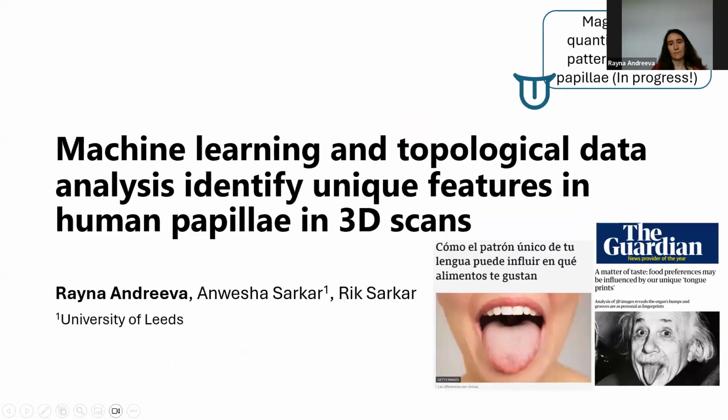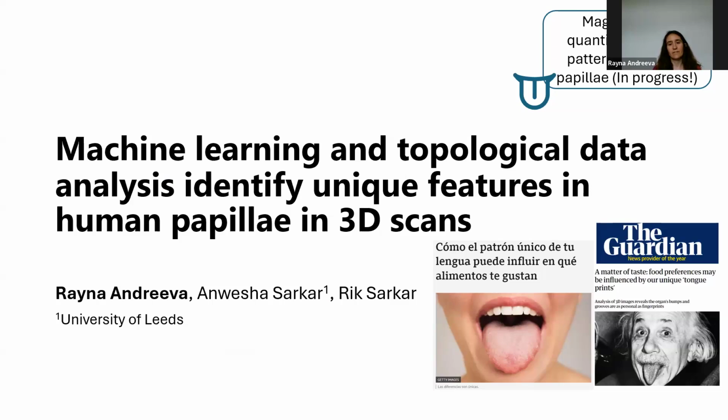And one thing I really wanted to mention in the end was a bit of a different application of magnitude. I just wanted to say in this work that we have looked at the surface of the human tongue. This was the first work evaluating human papilla in 3D scans and using topological data analysis. And what we established was that characterizing the shapes of these structures is really important, and it can help us say that tongue prints are unique.